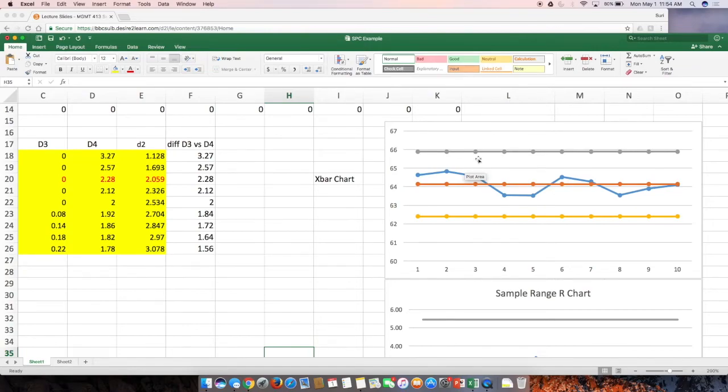And also, 5 successive points increasing or 5 successive points decreasing, that's again bad. That's telling you there's a trend in one direction or the other. Remember, our objective here is not to have any systematic variation. This is just random variation, ups and downs, random. I don't care. Systematic variation is bad.